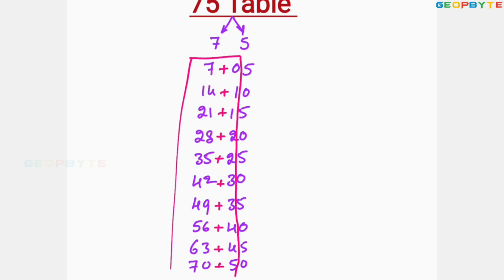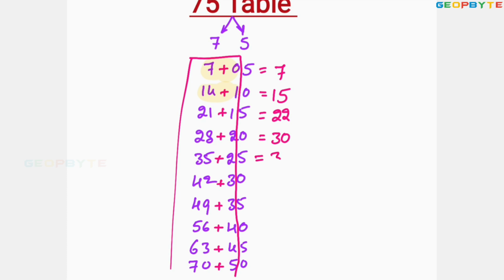Add them. 7 plus 0, 7 plus 0 is 7. 14 plus 1, 15. Write it carefully. 21 plus 1, 22. 28 plus 2, 30.